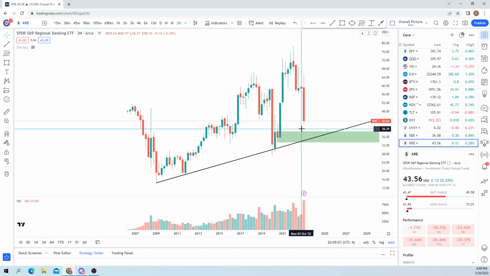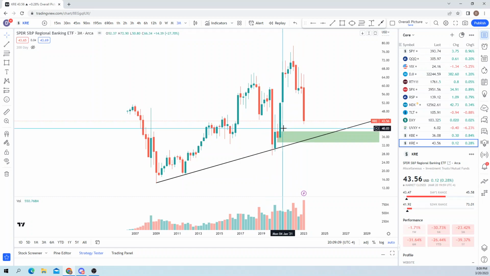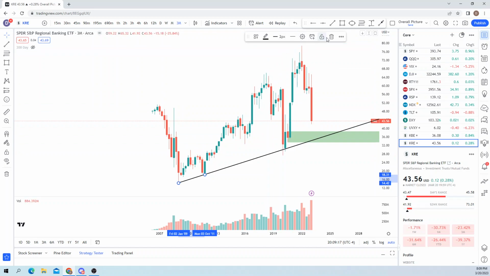I have an alert set on my brokerage account. So when price crosses like 39.80 or something like that, I'll be notified. So that's just something else that I'm looking at.